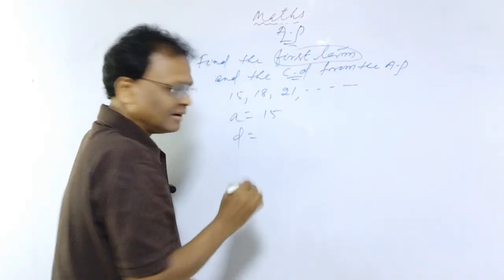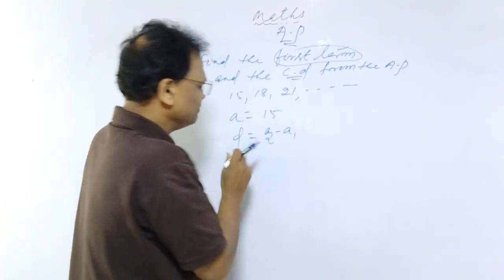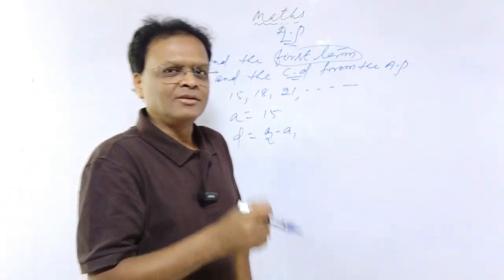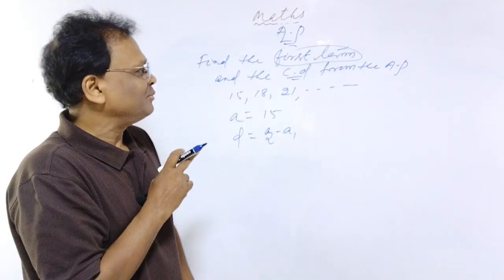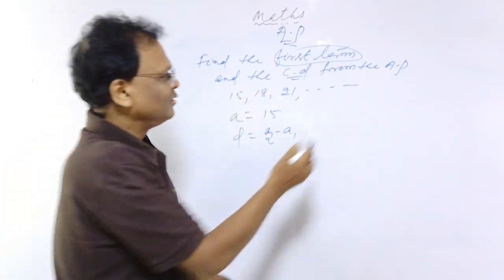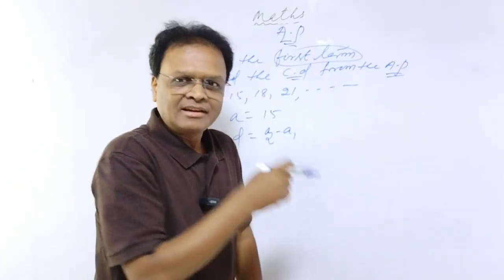And the D formula is second term minus first term. Simply use this formula. Don't write A3 minus A2 or A4 minus A3, because I am not checking that this is an AP. We will not check that, because it is given that this is an AP.